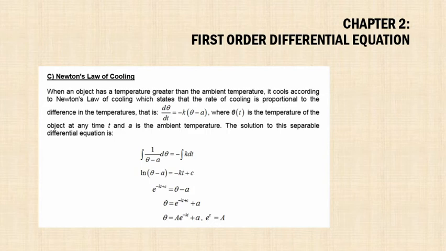So by taking the exponent of both sides, we have e to the power of negative kt plus c equals θ minus A. Then by bringing A to the other side, we have θ as e to the power of negative kt plus c, plus A. And we can simplify as θ equals B e to the power of negative kt plus A, where B is equal to e to the power of c.